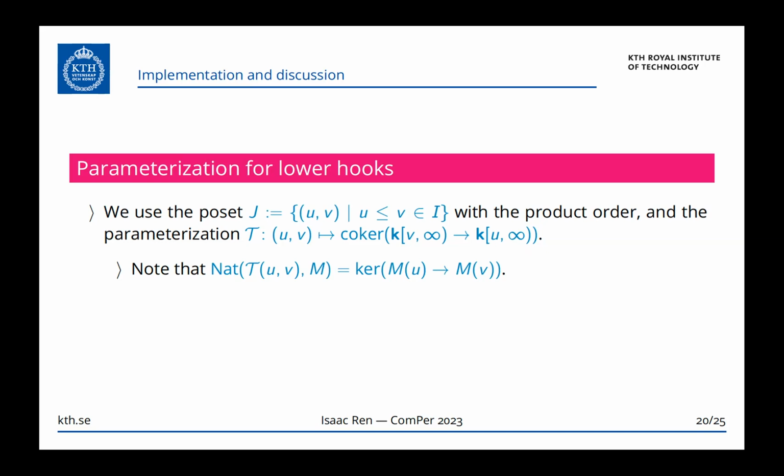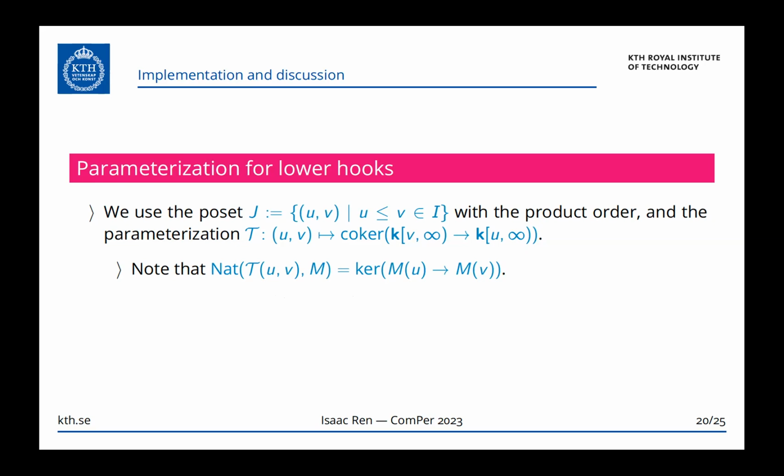Another reason it's nice to work with lower hooks is that when we do this transformation of M into nat Tm, we actually just need to compute kernels. So we have an explicit description of this other functor that we are looking at.